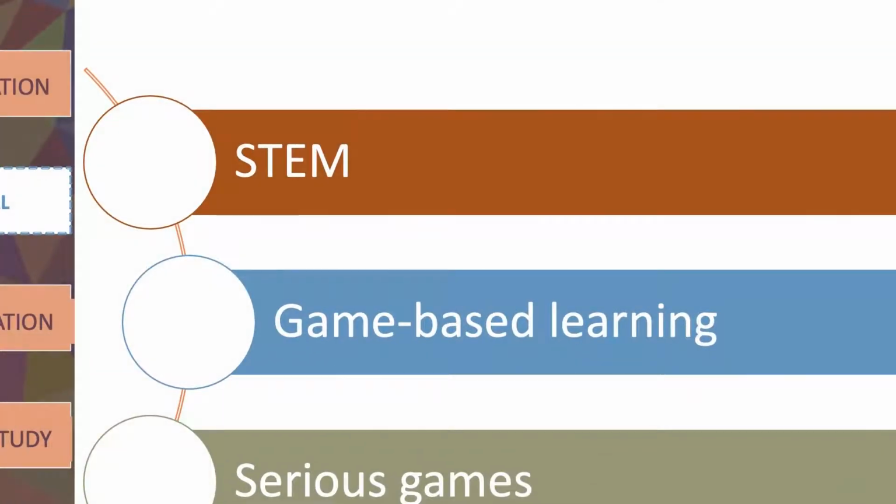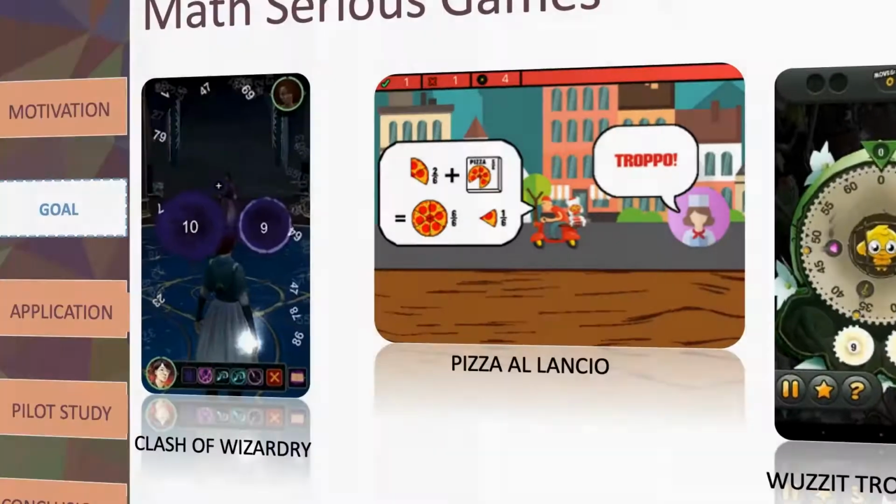So the goal is to combine STEM education, which stands for science, technology, engineering, and math, with game-based learning, that is one of the most used approaches in education in order to make a learning process effective. And in our case, we have used the serious game, that is a video game with a serious purpose, in order to implement the game-based learning approach.